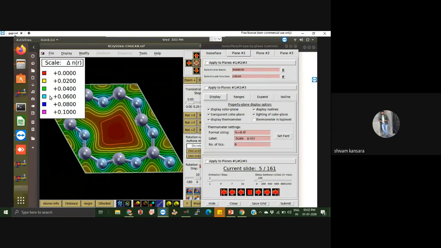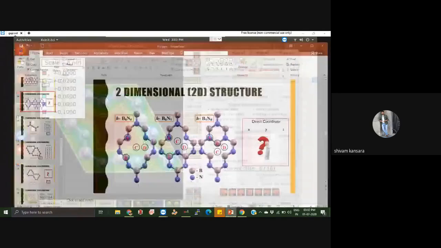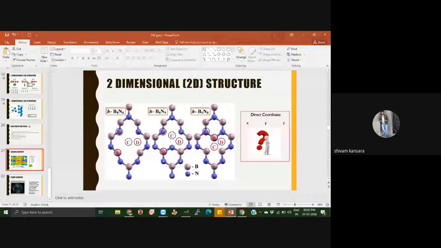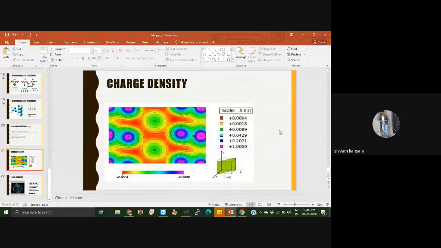Red is 0 charge density, then yellow, green, sky blue, blue and pink. So pink has the maximum charge density. We can calculate this charge density using this charge file. This is one kind of example for the charge density structure.